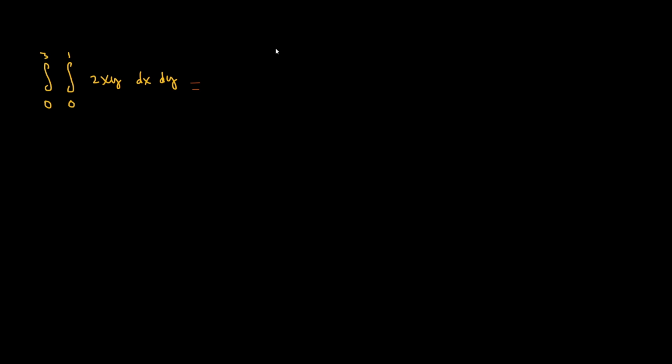So we're going to start with the inner, which is this part, and we're going to integrate with respect to x, okay? And we're just going to split them up. There we go, with respect to dx, okay?